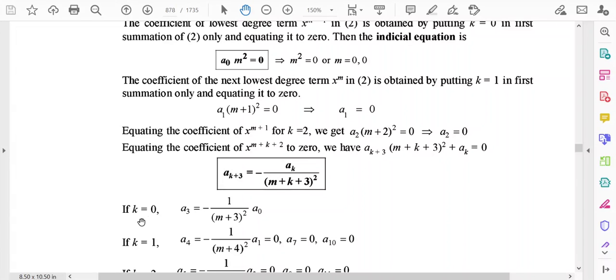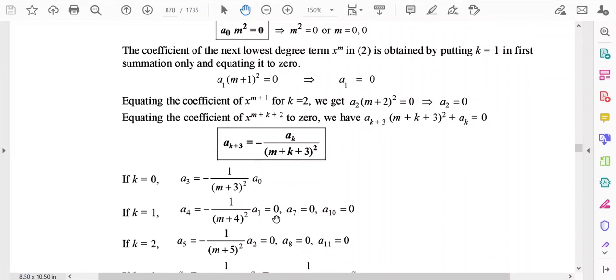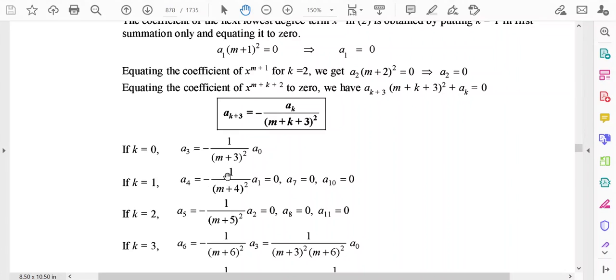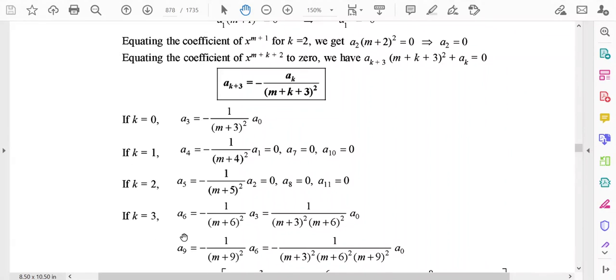For example, if we put k is equal to 0, then we obtain a3 is equal to some factor into a0, and if we put k is equal to 1, then a4 is equal to some factor into a1, but we have already calculated that a1 is equal to 0, so a4 will be 0, and similarly a7 will be 0, a10 will be 0. If we put k is equal to 2, then you can calculate a5, a8 and a11. In this way you can calculate different values of a by putting different values of k.